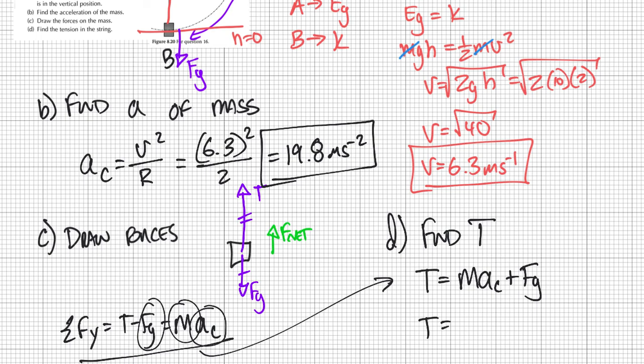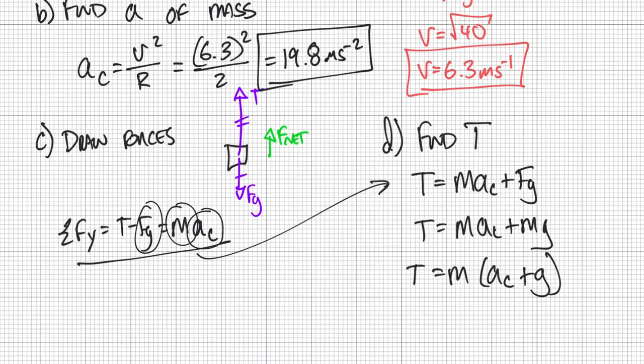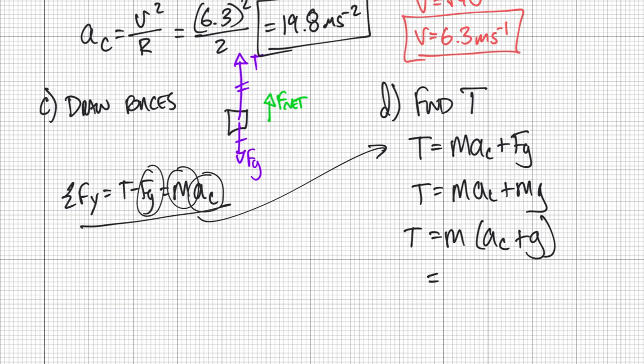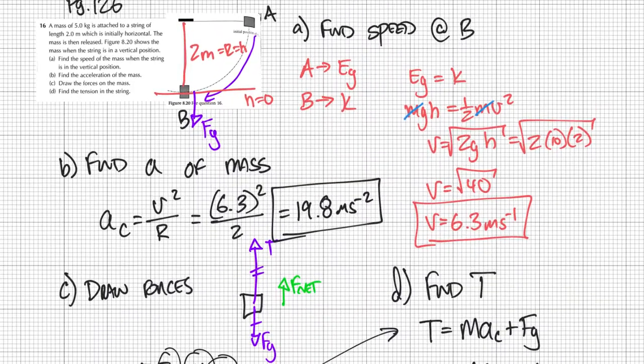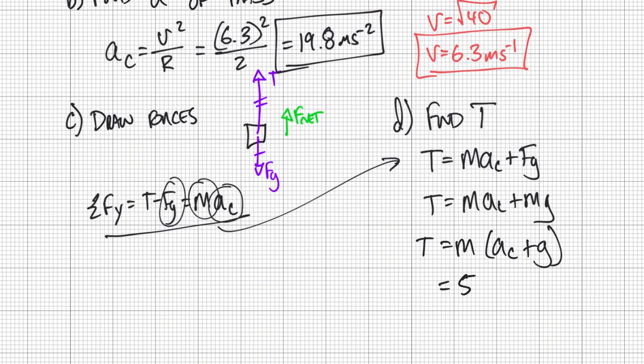So tension equals mass times centripetal acceleration plus mass times gravity. So tension is going to equal my mass times my centripetal acceleration plus little g. So plugging that in, what was my mass? 5. So mass is 5. Centripetal acceleration was 19.8 plus gravity, which is 10, is going to be my tension.